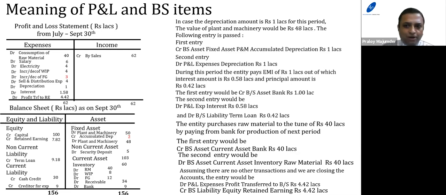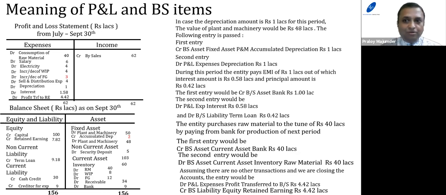Now, what we will do is 2 problems. I will give you 2 problems, and if you practice, I am pretty sure that you will understand in a comprehensive manner how accounting entries are created from financial transactions and how accounting entries are converted into P&L and balance sheet.